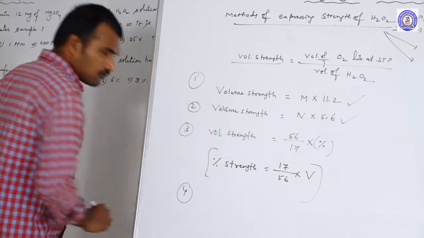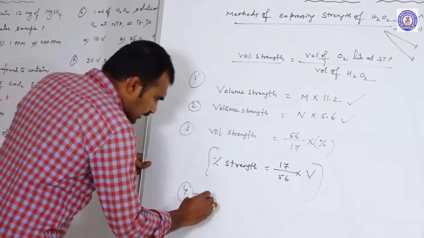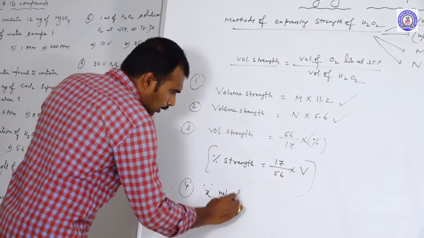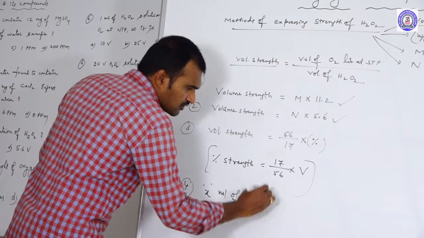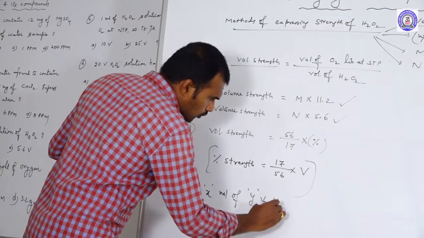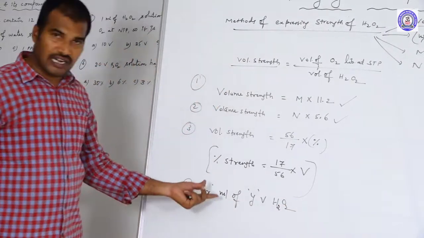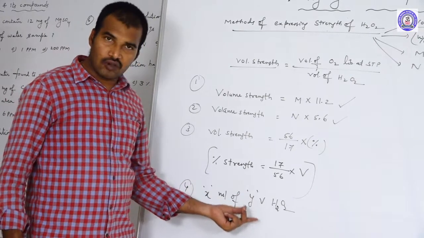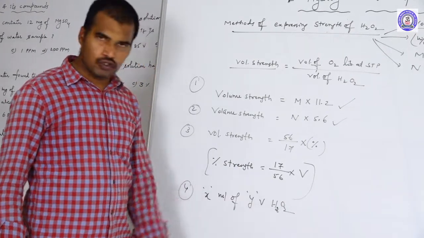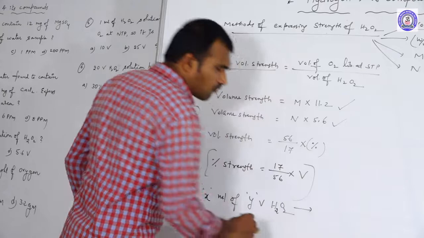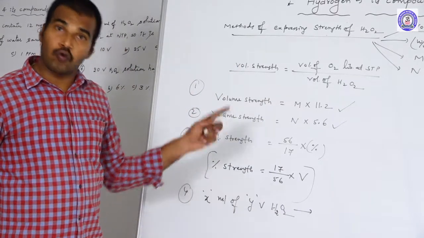If x ml of y volume strength H2O2 is taken, then after decomposition how much volume of O2 will it liberate?